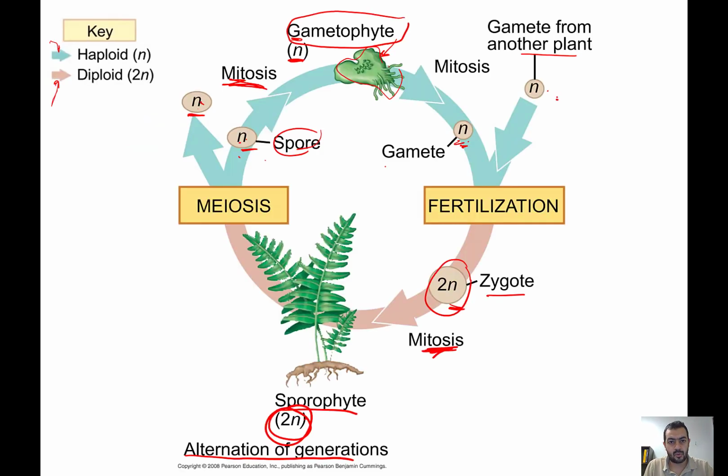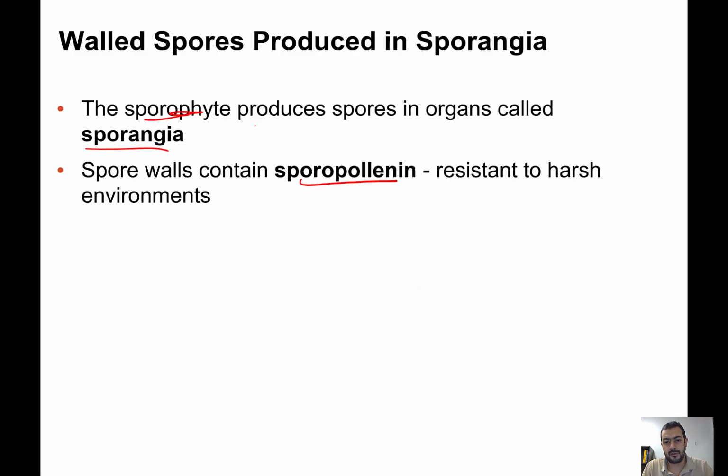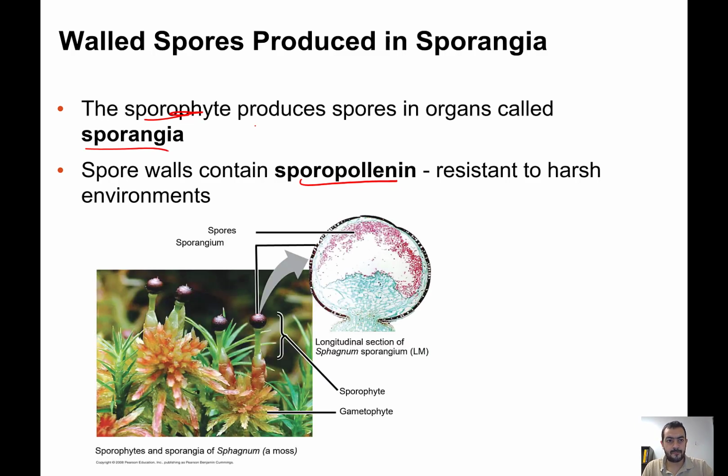Remember, the spores will be released like that, and the environment on land, as we discussed, is not always predictable. So because of that, to resist the harsh conditions on land, these spores are thickened with sporopollenin.